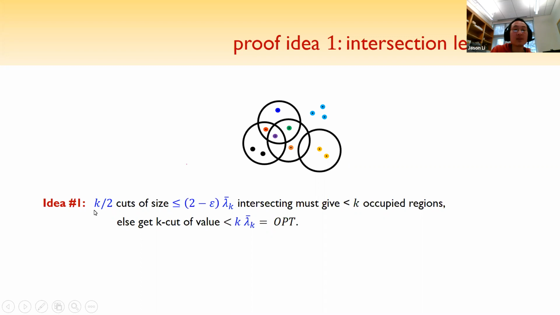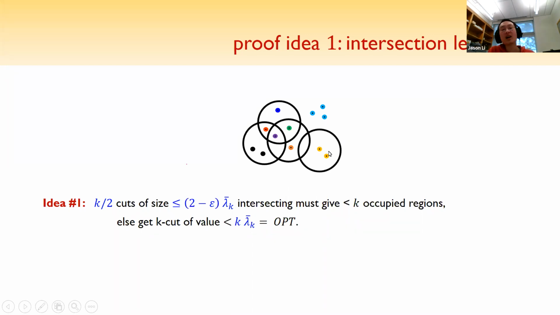If we can find some k/2 cuts, each of size at most this, whose Venn diagram, so now imagine imposing all these cuts one on top of each other, and consider the Venn diagram on these cuts. Suppose this Venn diagram has more than k non-empty atoms.